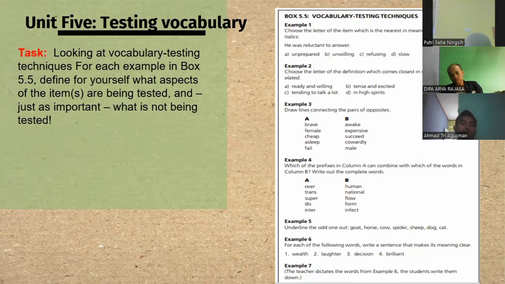Example 6 is writing sentences. Spelling and pronunciation of the item are not tested, but most other aspects are. This is a bit boring to do and difficult to mark objectively.